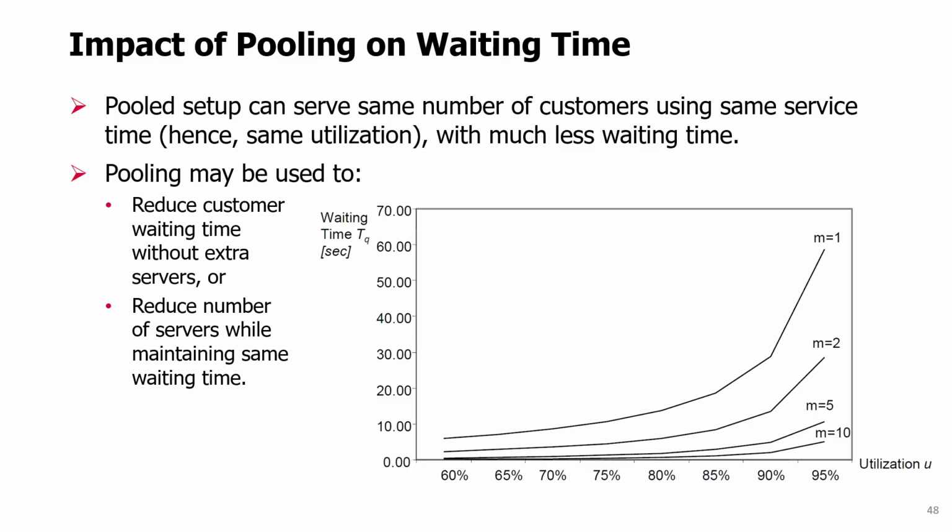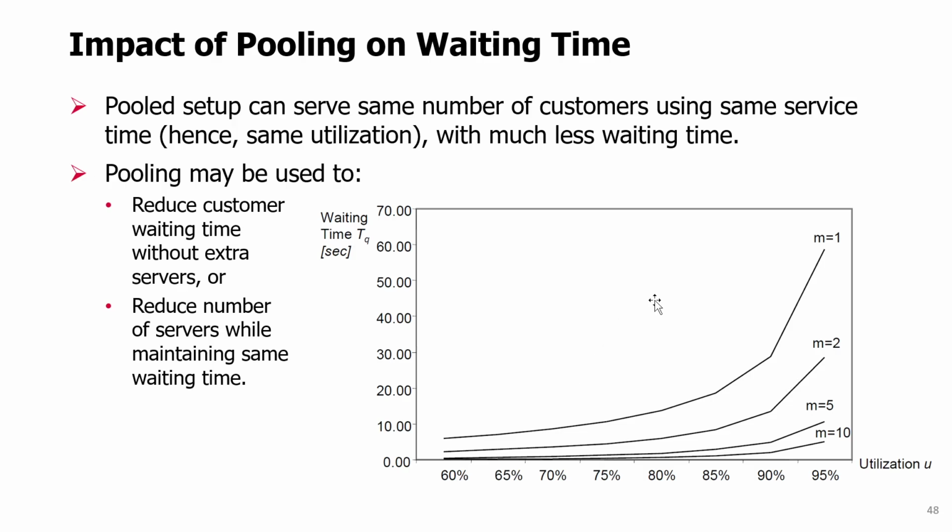So to summarize what we said in this example of pooling two servers into one process, or two processes into one process, pooling can serve the same number of customers using the same service time and the same utilization with much less waiting time. So of course we can use it in order to reduce the average waiting time.